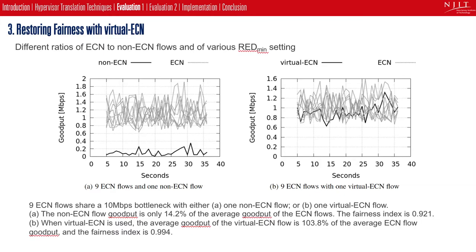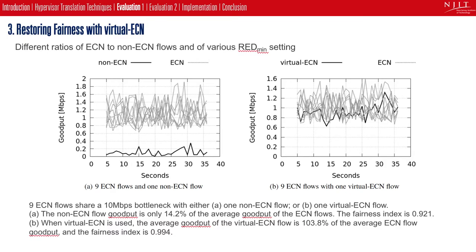Part A shows the throughput achieved with nine ECN flows and one non-ECN flow sharing a 10 Mbps bottleneck link. And Part B shows the throughput achieved in the same setting except that the non-ECN flow has been replaced with a virtual ECN flow.